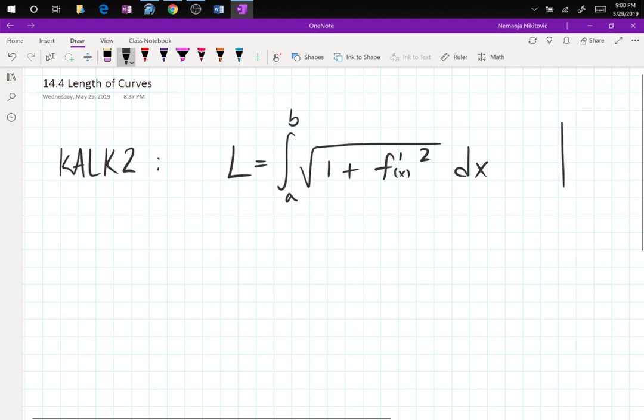So to accompany this, we can just put some kind of a curve there. A, B, and then I'm just going to make this red and call that L. So to calculate length of curve, we are going to have this integral a to b.